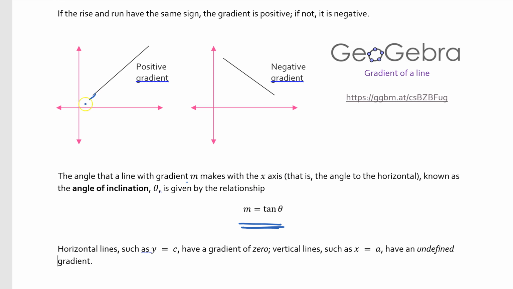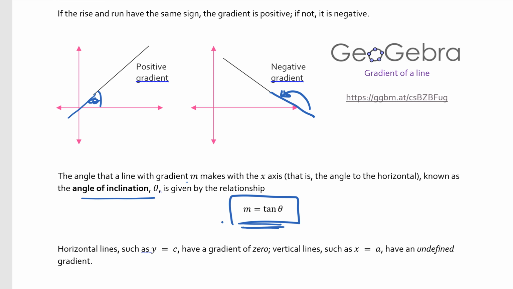So in the case of this line up here, it's that angle. In the case of this line, it's that angle. Then that angle is known as the angle of inclination, and clearly it's measured going anti-clockwise, and the value of the gradient equals the tan of that angle.